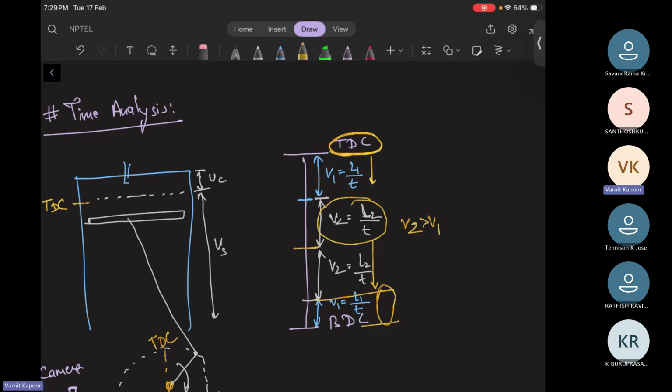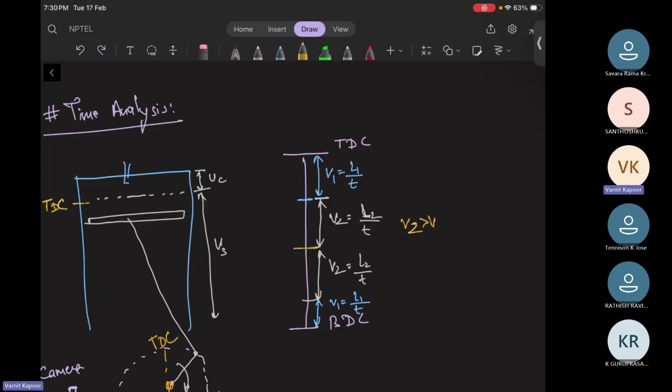I have specifically mentioned that my system is rotating at a constant angular velocity, not constant velocity. So V2 will be higher than V1.